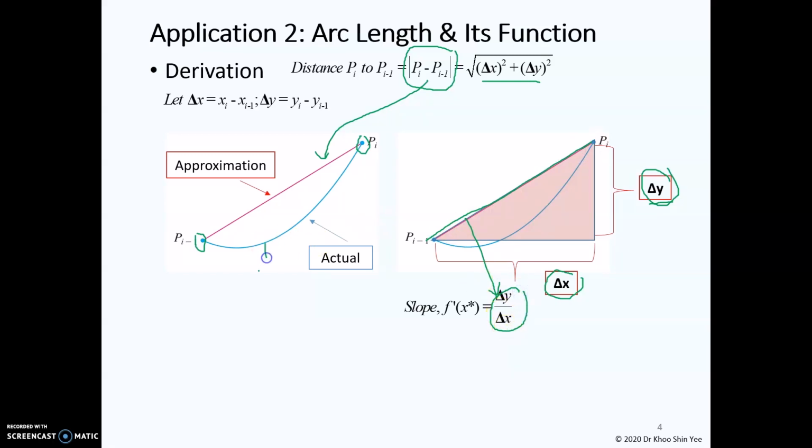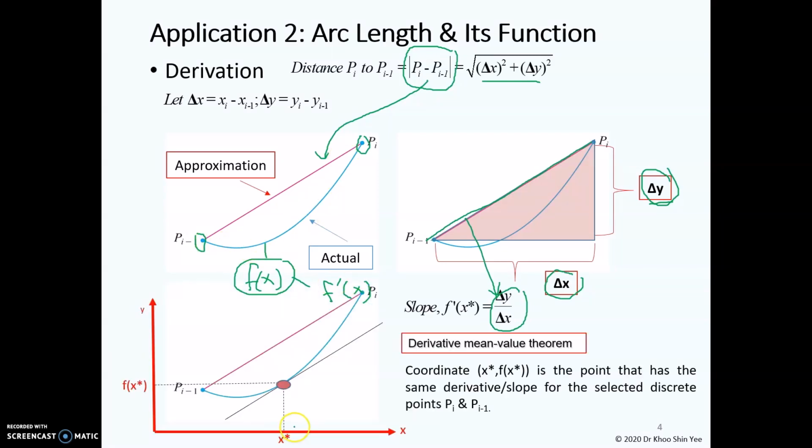And if the function f(x) for the actual curved line that you want to compute the arc length of is given, and you compute the slope from this function, let's say you take the derivative of it at any point of x here, then you will have a particular point of x which is given in this format, where you can see over here the slope f prime of x is equal to the slope delta y over delta x here.